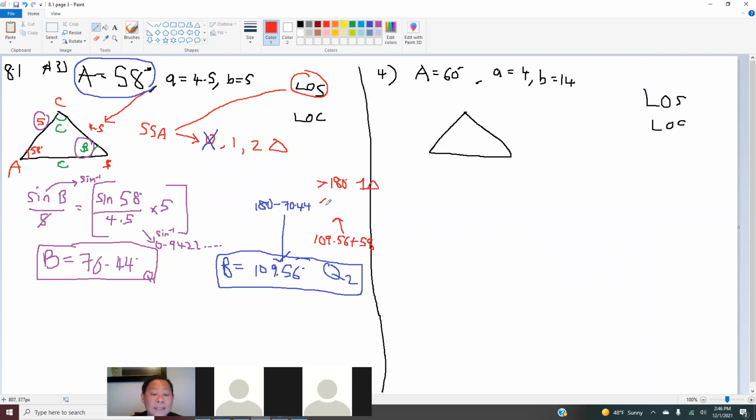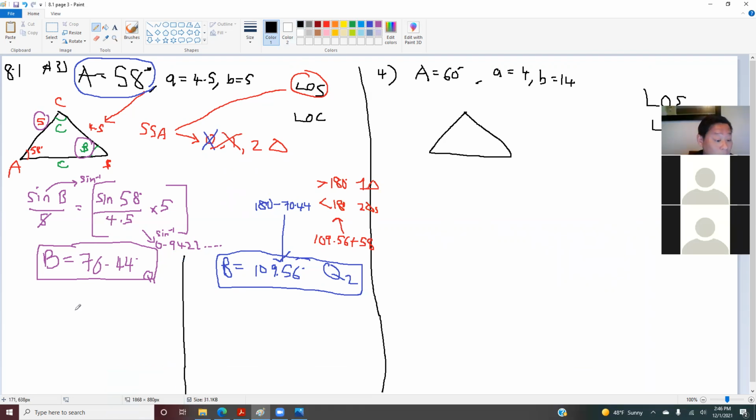If this sum is less than 180 degrees, you will get two triangles. So can you tell me, is this sum more than or less than 180 degrees? Less than. So that means in this case, we will have two triangles. Okay. So that means you're going to do this twice. One for quadrant 1 and one for quadrant 2.